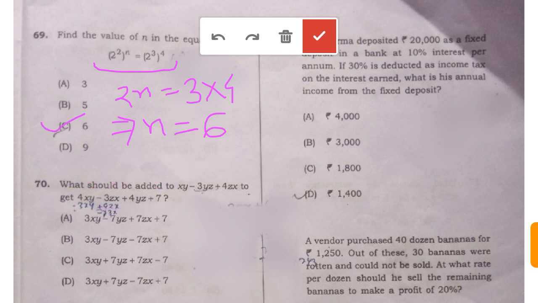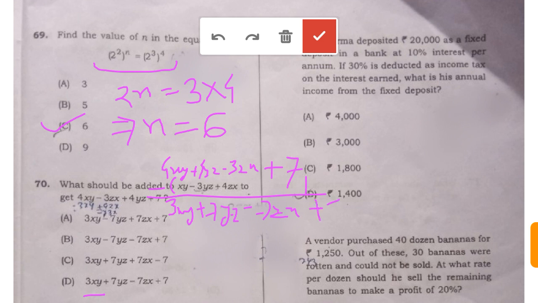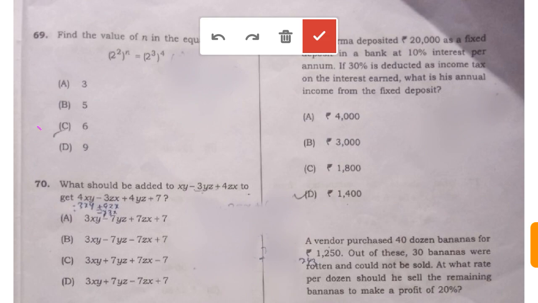Here 4xy minus xy, that means 3xy, 4yz minus minus thrice yz, that means plus, 7yz. So 3xy plus 7yz, then minus 7zx plus 7. So option D is the correct answer. Okay, let's come to the next question.